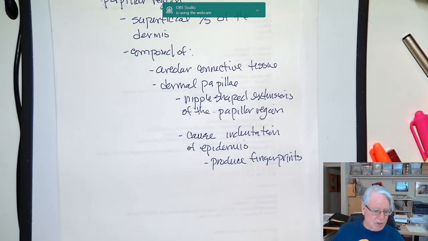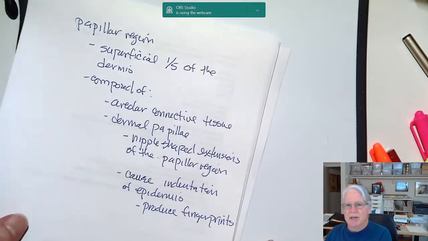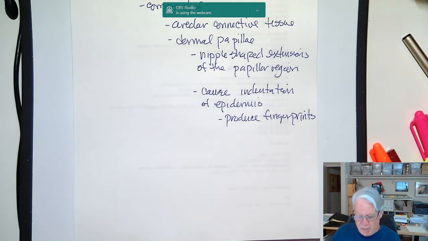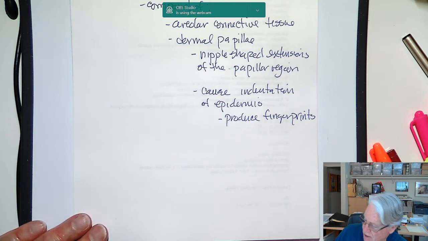So as those ridges push up, they cause the epidermis to also produce ridges, and that pattern of ridges produces what we call fingerprints on the hand, fingers, and on the feet. Okay.